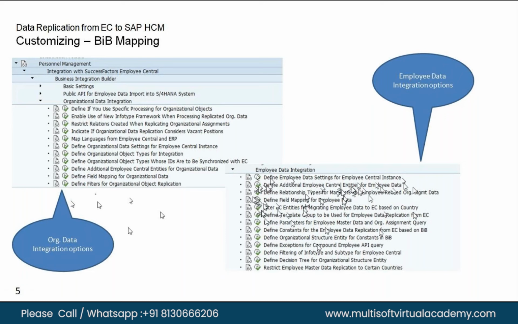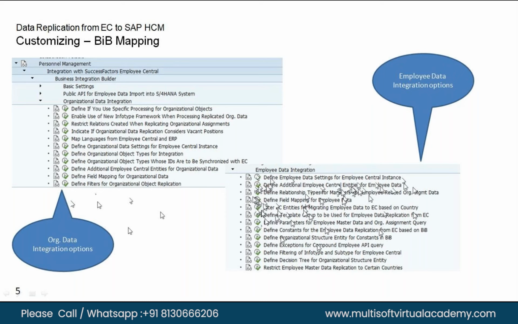Okay. And after the template groups, we will go to parameters for the employee data, master data, or assignment query. Here we will have a control. For example, the client wants to replicate only the employees on the EC side. When the employee profile is created, this particular employee is a contractor or a regular employee. So we have a date.